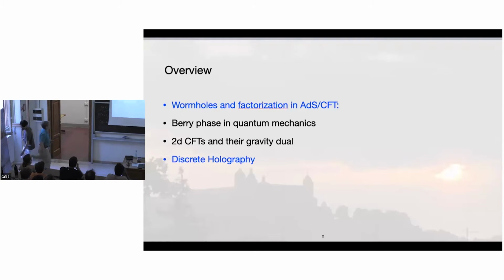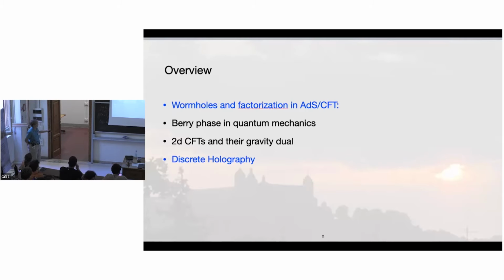Let me give you an overview of what I'm going to tell you. So let's say the first two thirds of the talk I'm going to devote to wormholes and factorization in AdS/CFT. And I'm going to focus on two different cases, the first of which is Berry phases in quantum mechanics, so in 0+1 dimensional systems.